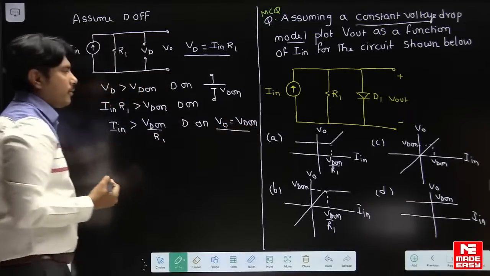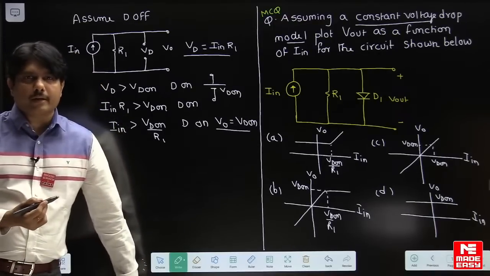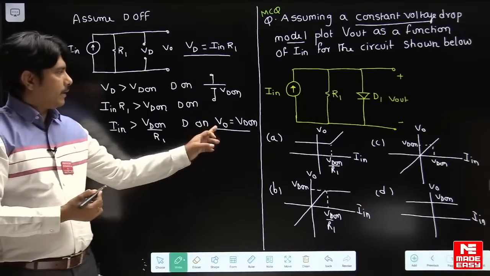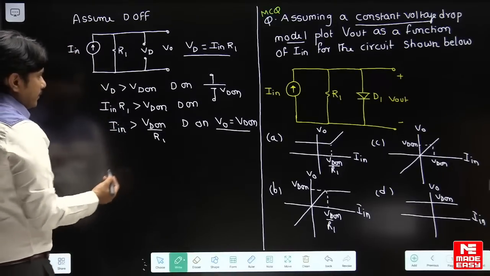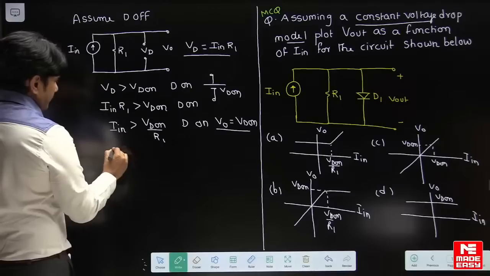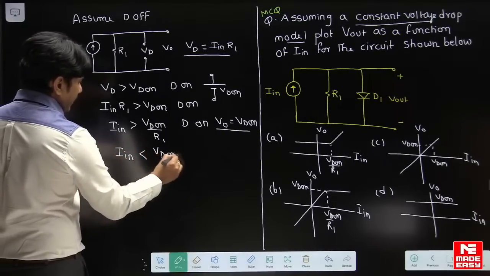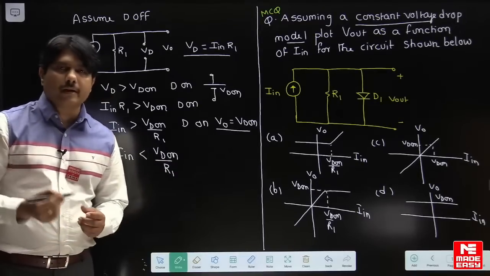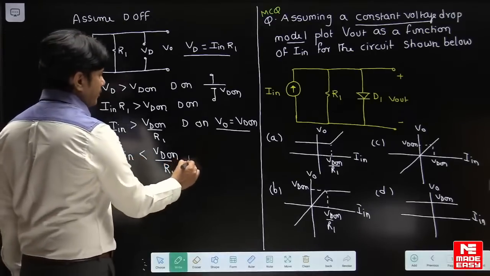When the diode comes on, we are replacing the diode with a constant battery called VD on, such that the output becomes V0 equal to VD on. If you apply the same concept for reverse analysis, if IIN is less than VD on divided by R1, if the condition is reversed, then the diode will come into off condition.